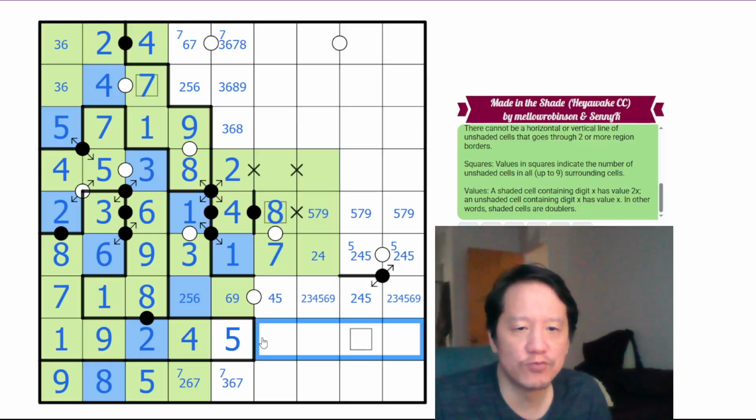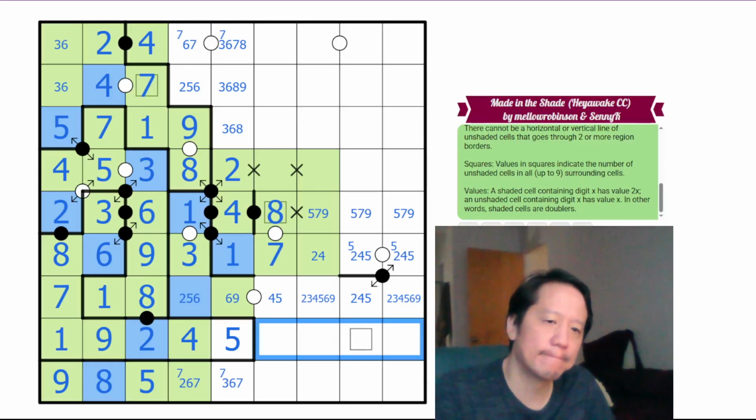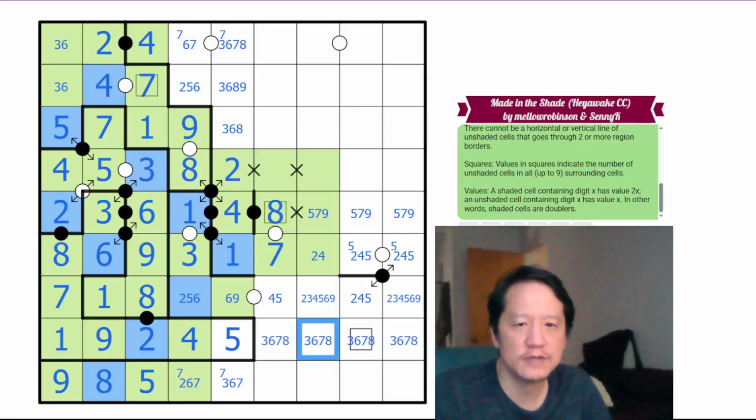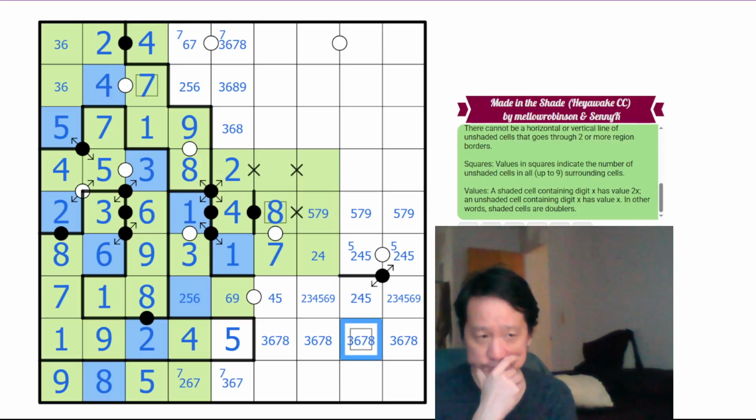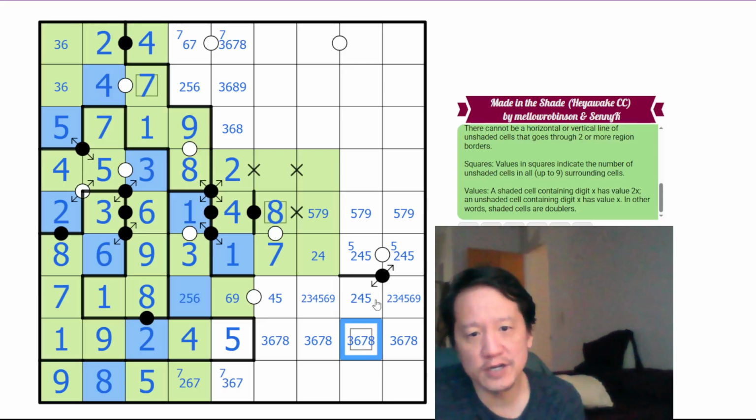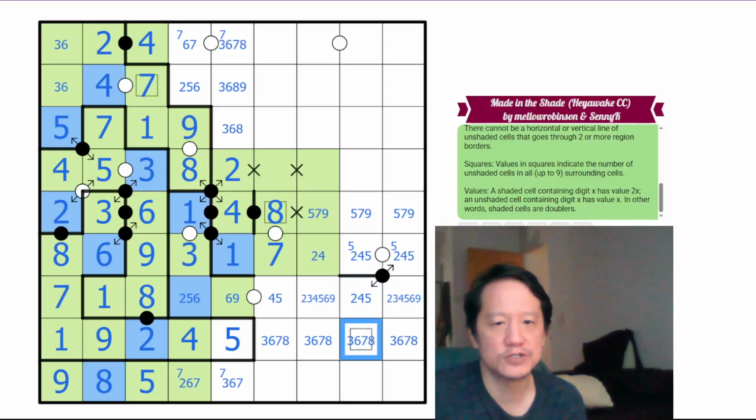Remaining digits of row 8. 3, 6, 7, 8. This obviously can't be 3, because 3 unshaded cells would mean that 2 shaded cells are sharing an edge. So it's 6, 7, or 8.